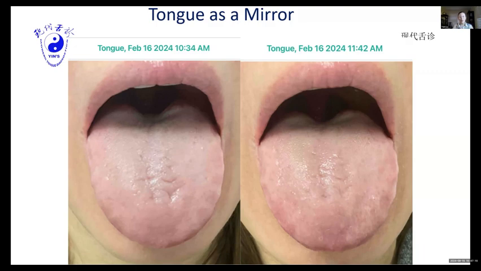Then among all the pictures, I choose the one that really shows me the whole tongue, the bottom and the front. If it is relaxed, I will use that one to analyze the tongue. This is the first question, how to get a good tongue picture.